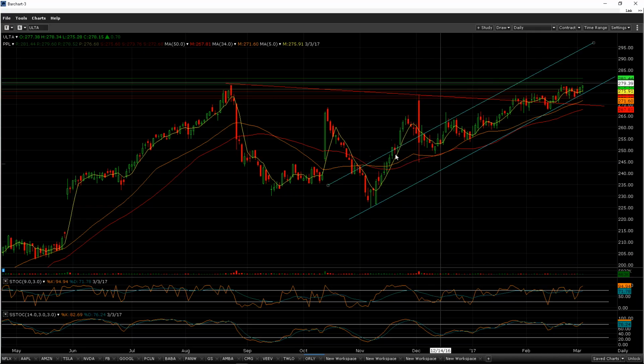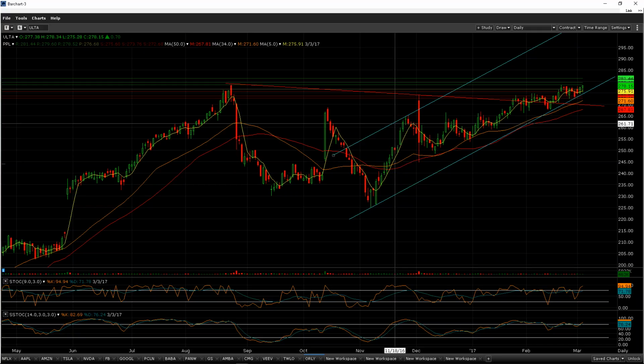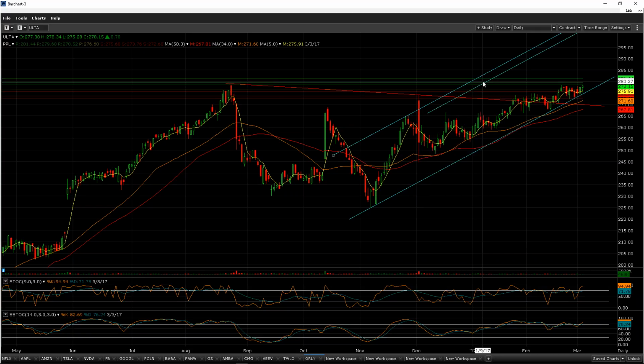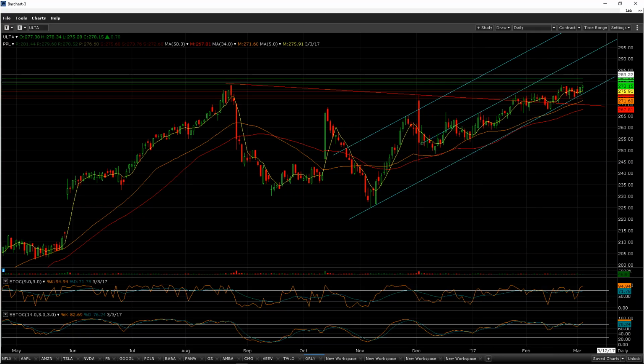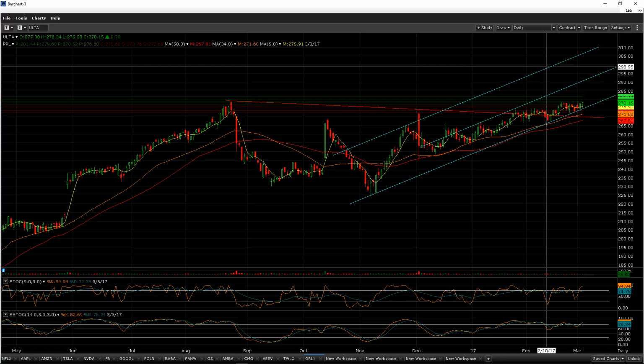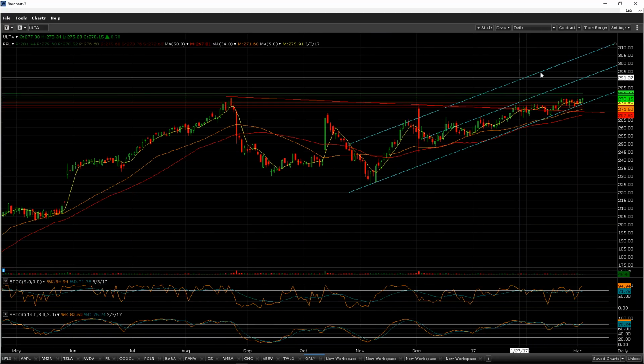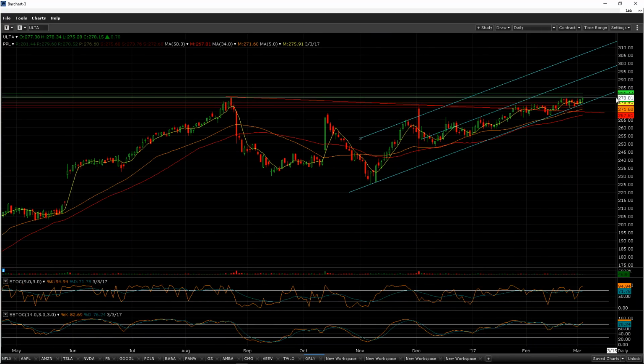So you got to be fast. Try to make head or tail out of this thing here, because as you can see, it is an uptrend, and this is chart construction on QUODD. Very, very reliable and very profitable for traders who trade technicals.